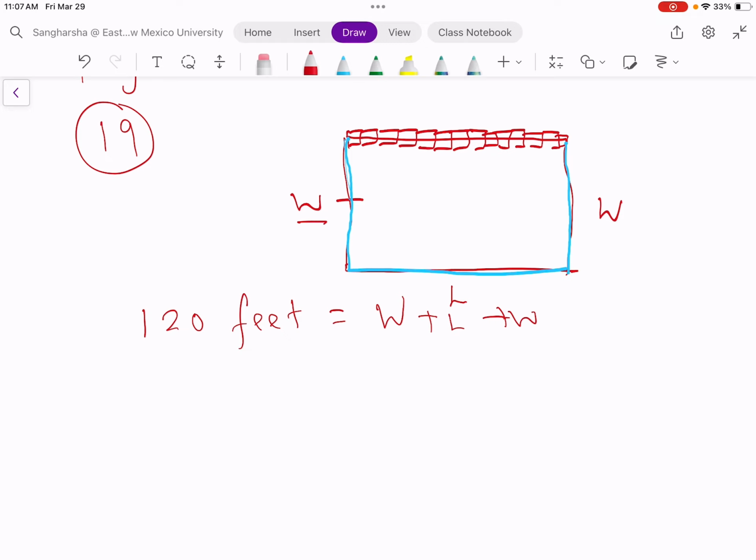We use L as the length and W as the width of this rectangle. The sum of these 3 sides has to be 120 feet. So 120 equals, these two are like terms, so we have 2W plus L.